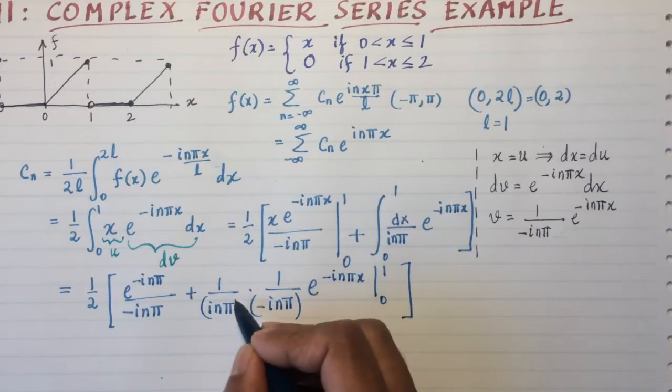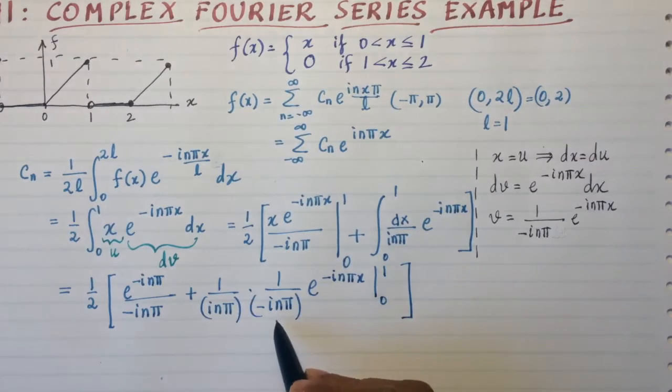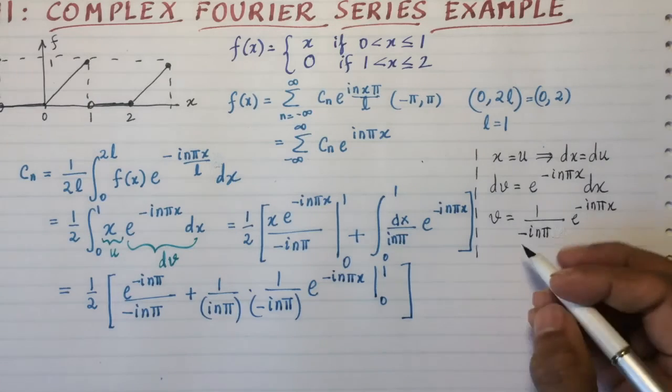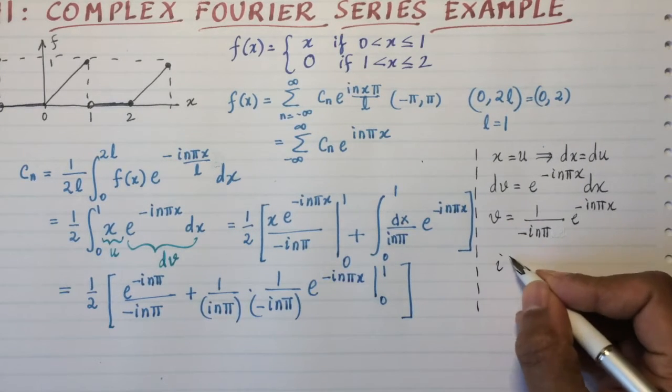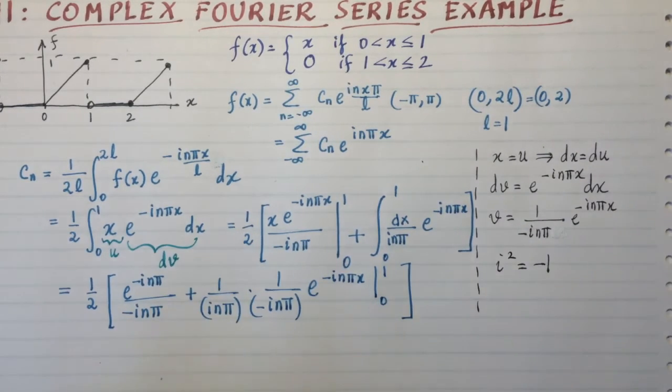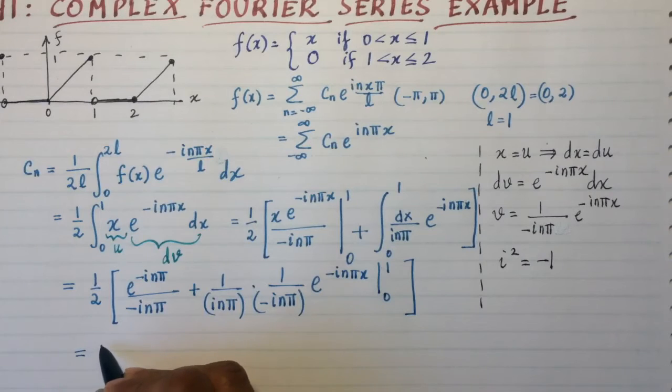Now observe a stroke of luck. i times minus i is precisely 1, because i squared is negative 1. So I'll write that here. Due to that, we simply get n squared pi squared in the denominator. Let me rewrite that.